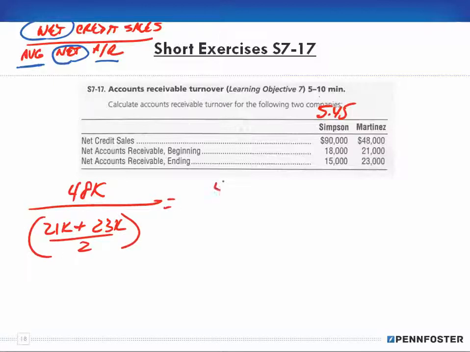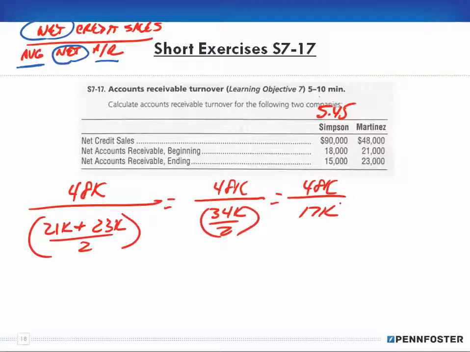So I have 48,000 over 34,000 divided by 2.